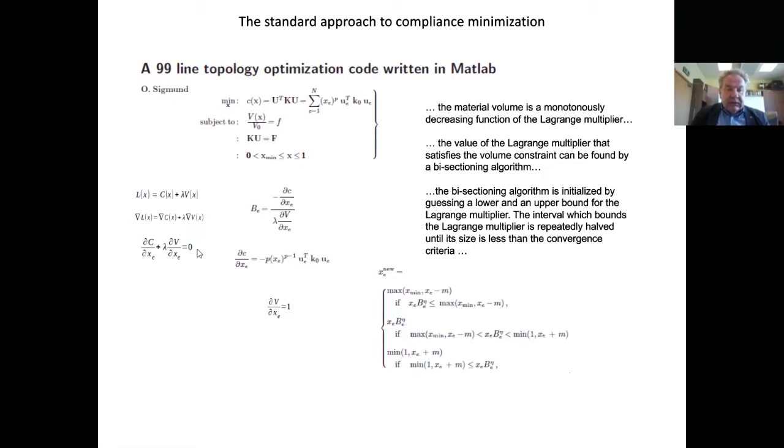So we obtain this equation here, and when we divide both sides, we obtain the term. We can introduce the term Be, and Be is more or less a guide for deciding how to change the properties of the elements.